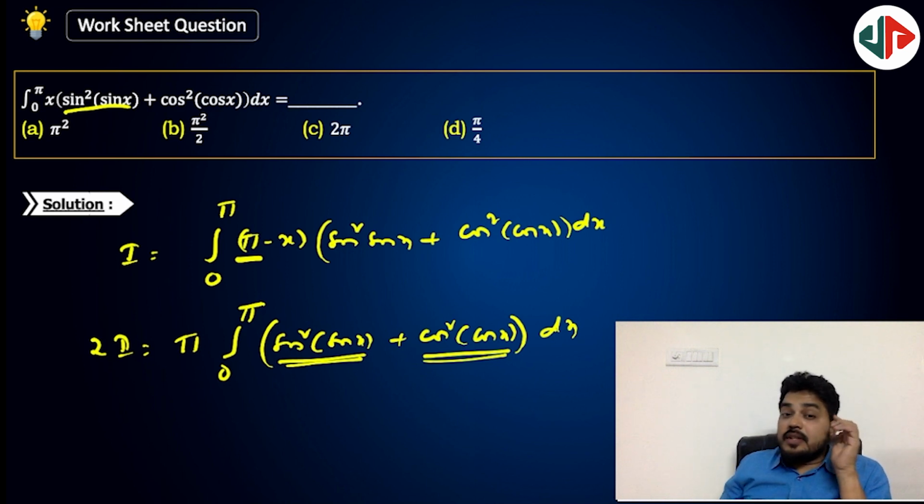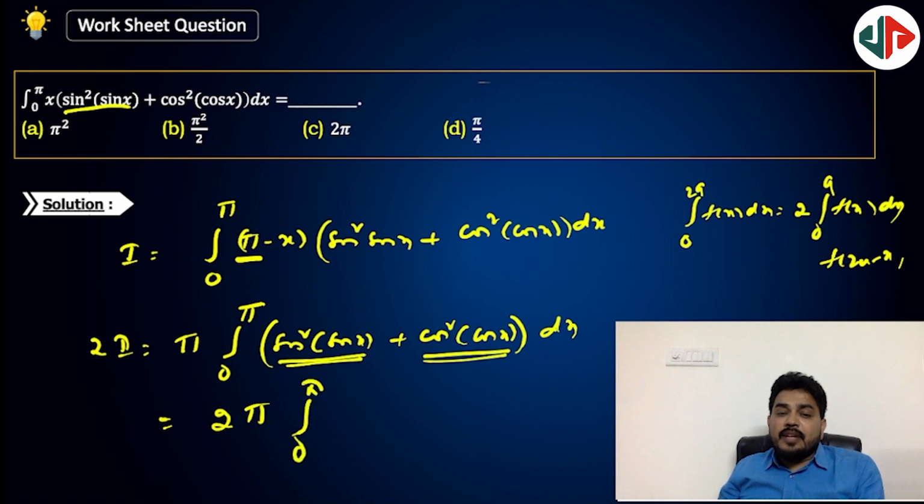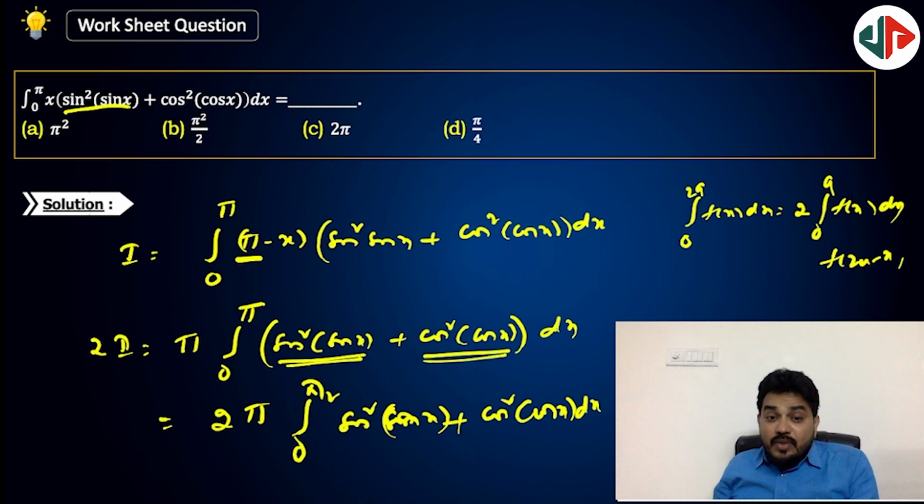So I can write, actually integral 0 to 2a f of x dx is equal to 2 integral 0 to a f of x dx if f of 2a minus x is equal to f of x. So I will write 2 pi integral 0 to pi by 2 sine square of sine x plus cos square of cos x dx. Now the interesting part.